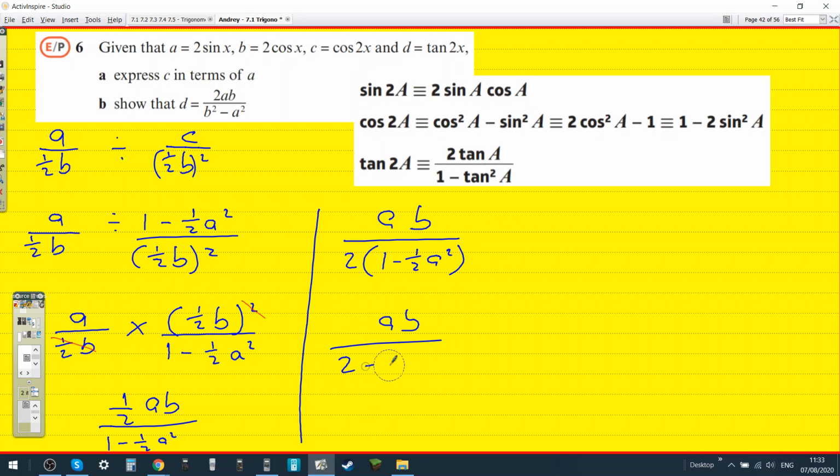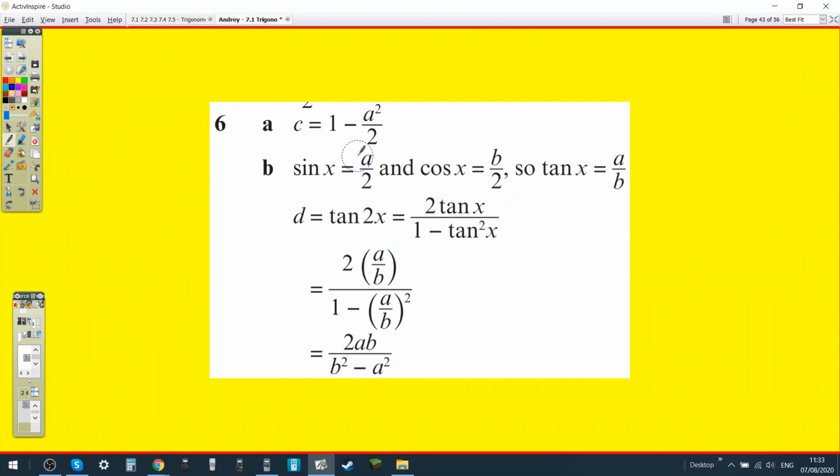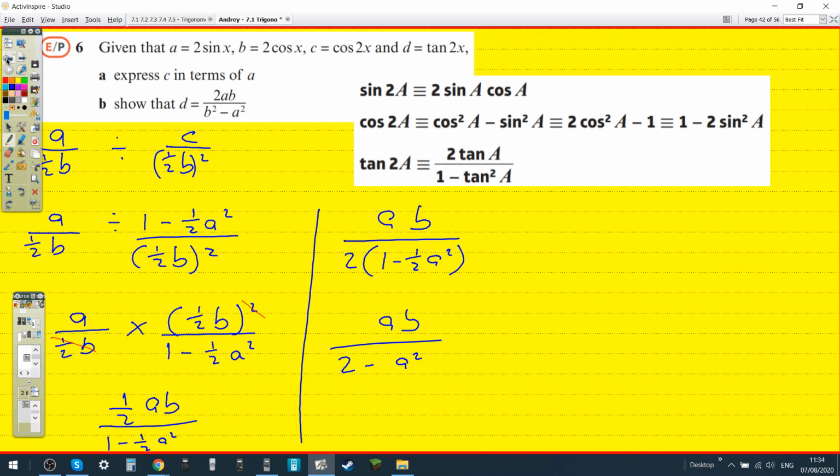AB, that is 2 minus A squared. Did that work out? Not really. We don't have a B on the bottom. Let's see. So part A, 1 minus A squared over 2. They found some easy way to do it, did they? I don't know. Seemed like it was the same.